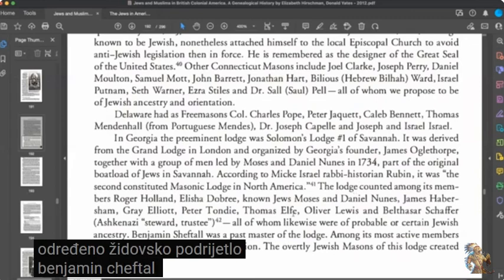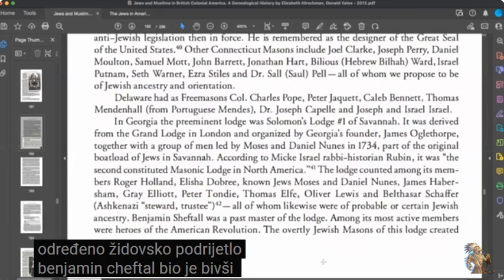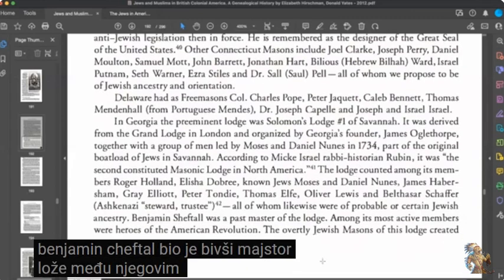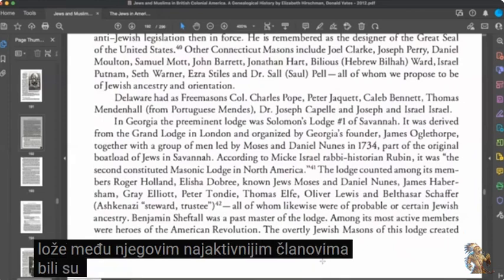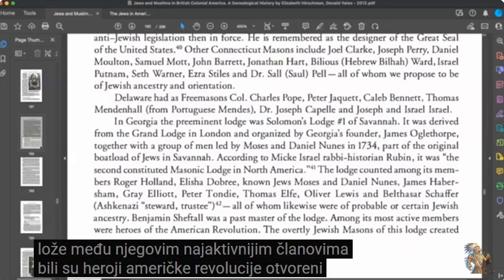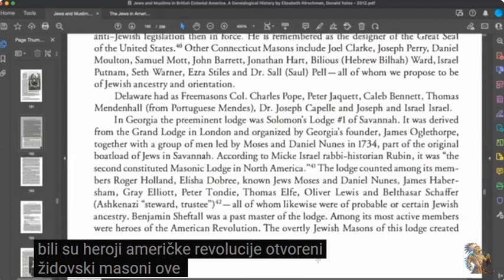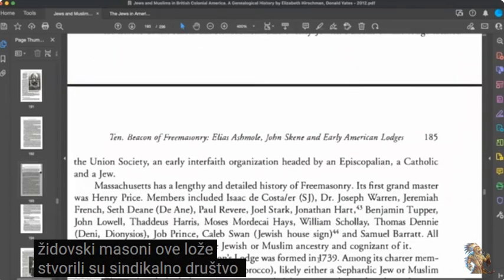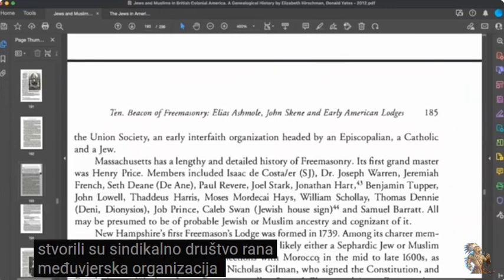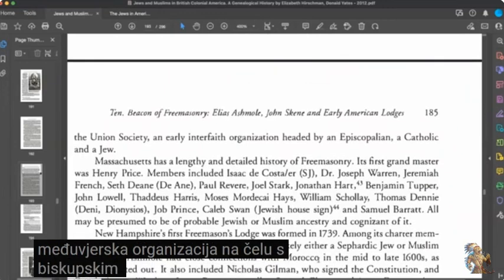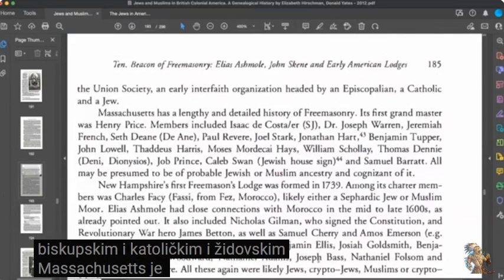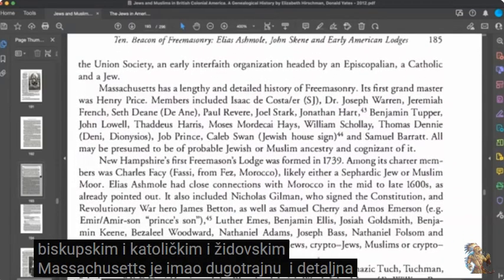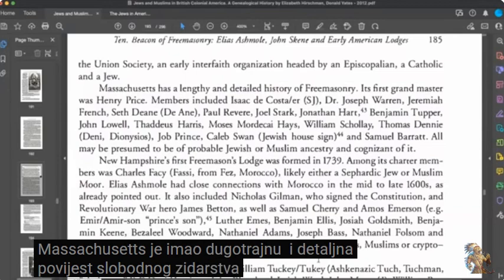Benjamin Sheftall was a past master of the lodge. Among its most active members were heroes of the American Revolution. The overtly Jewish Masons of this lodge created the Union Society, an early interfaith organization headed by an Episcopalian, a Catholic and a Jew.